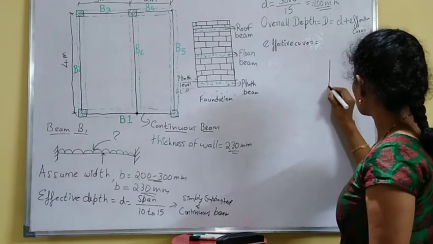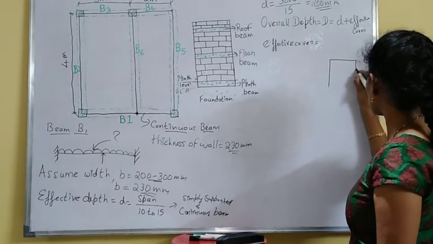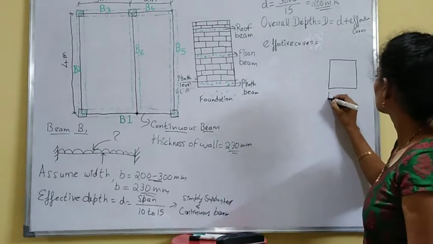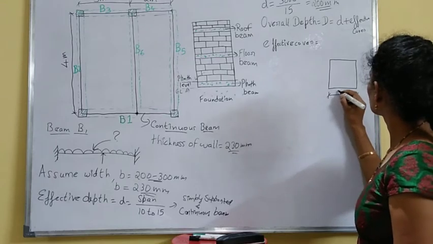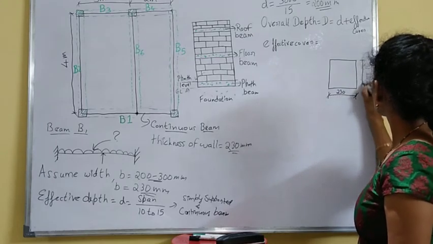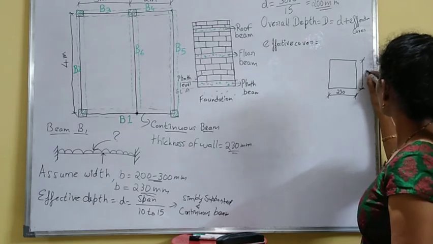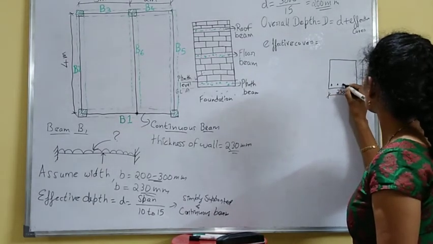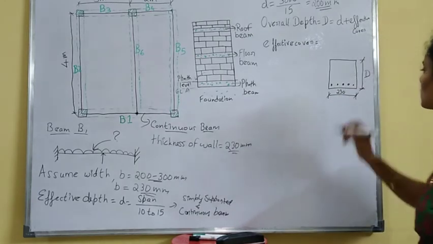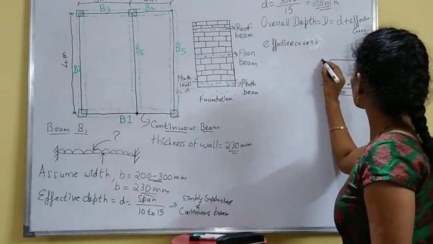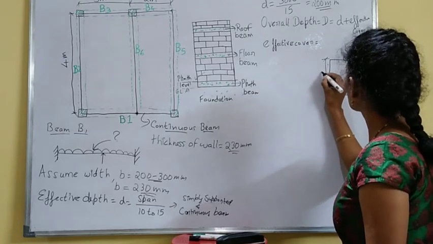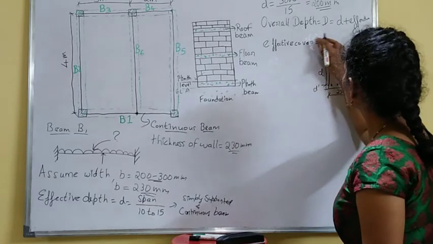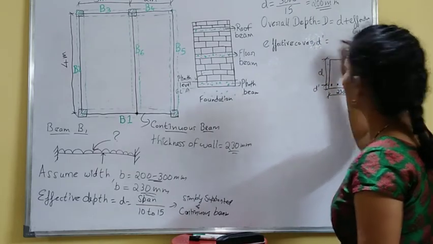Suppose this is your beam cross section. This is 230 and this will be your capital D. This is nothing but your small d, and this part is nothing but your effective cover. I'll just mark it as d dash.